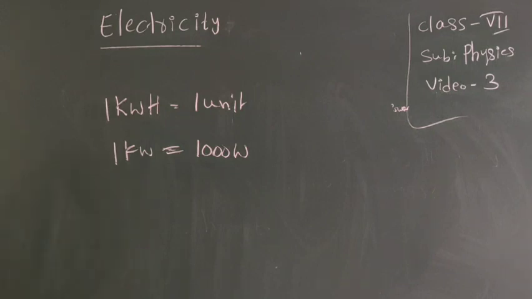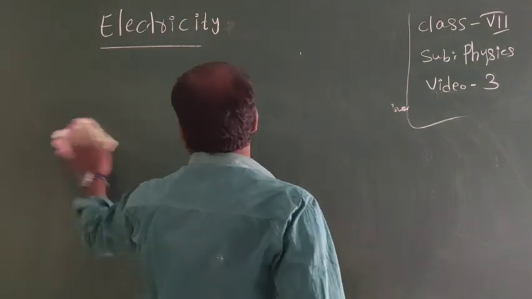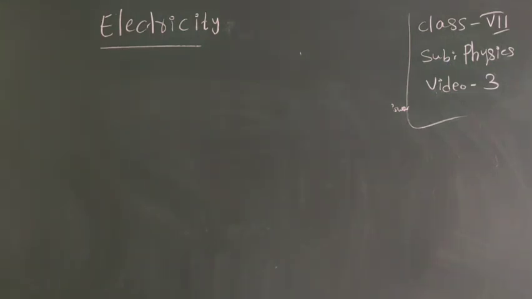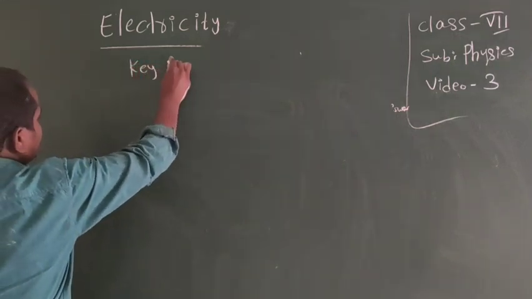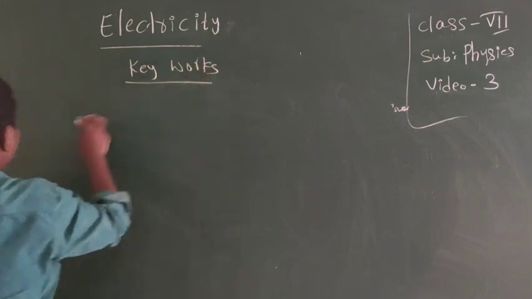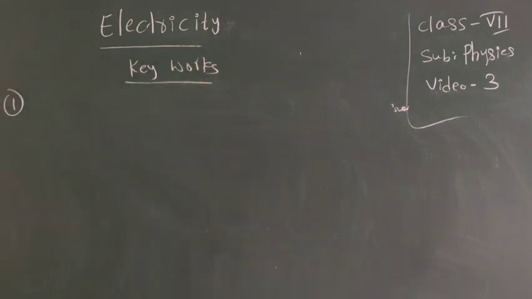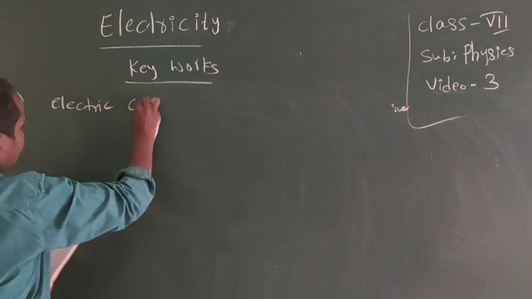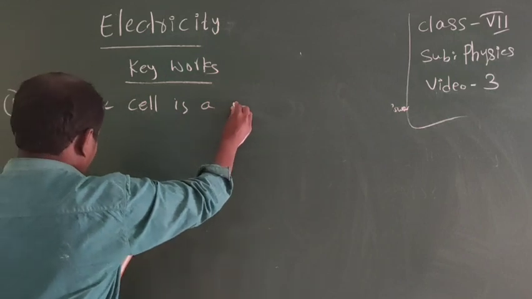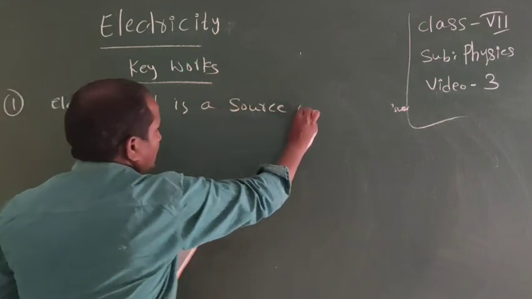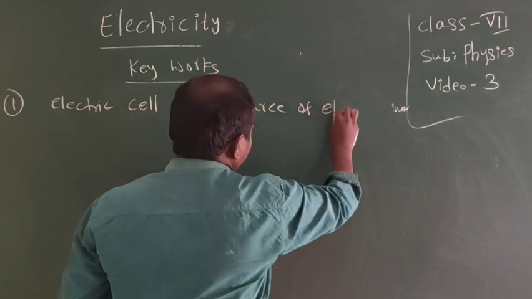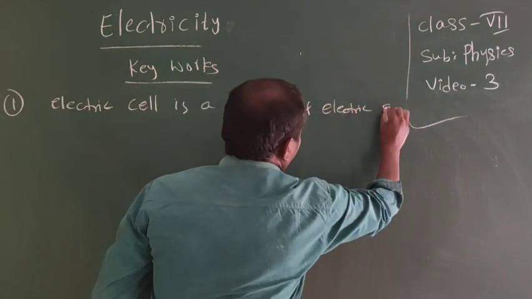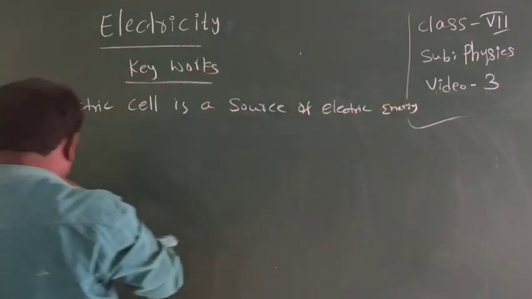Okay, now I will write the keywords from this lesson about electricity. First one, an electric cell is a source of electric energy.